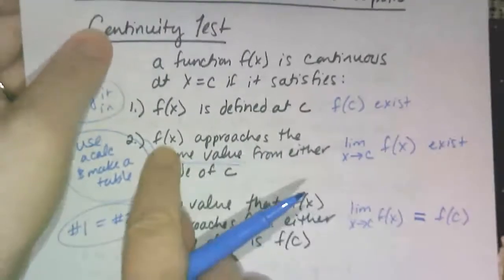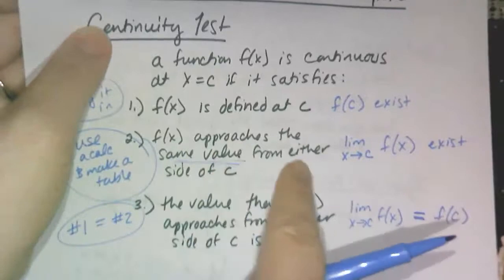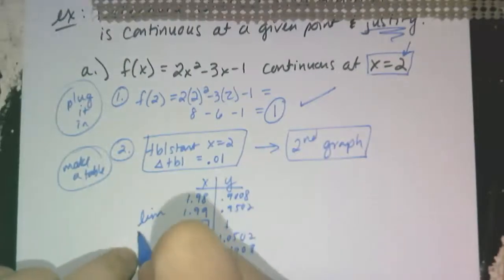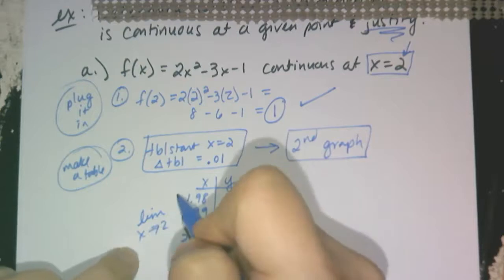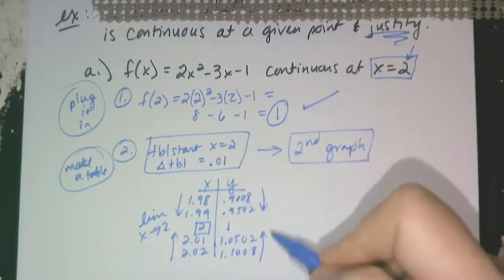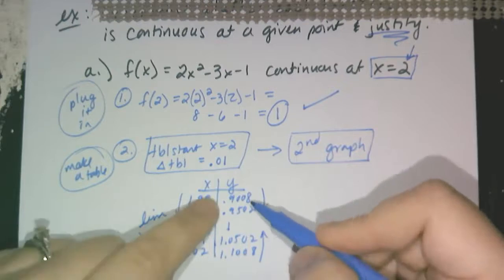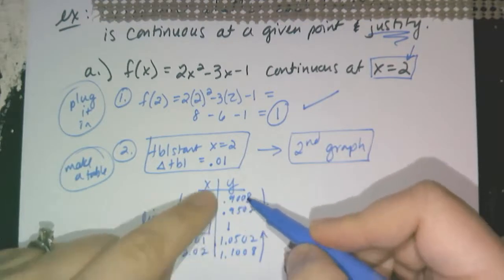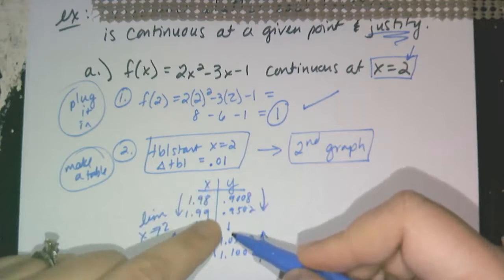Okay, so here's what we're doing. According to test number 2, does the function approach the same value from either side? So here's either side of c. This side right here is x approaching 2. Are we getting to the same number on either side? Is 0.9008, 0.9502, does that look like it's approaching 1? Yeah.